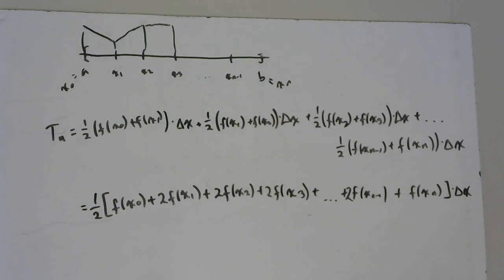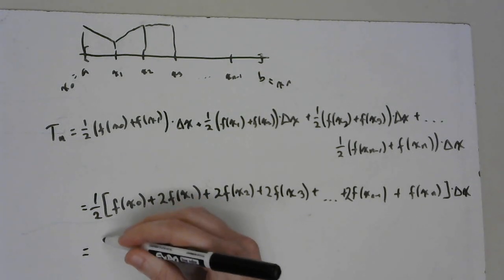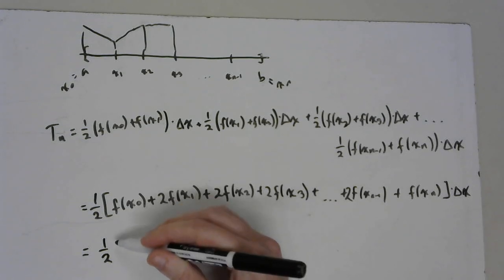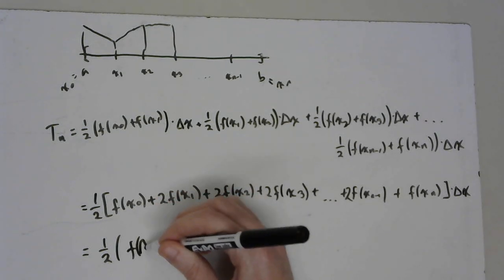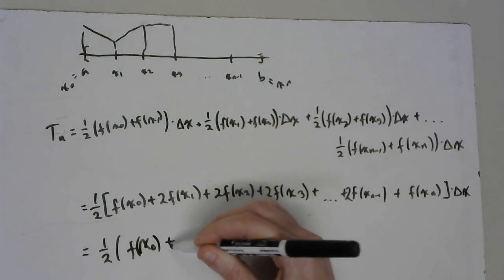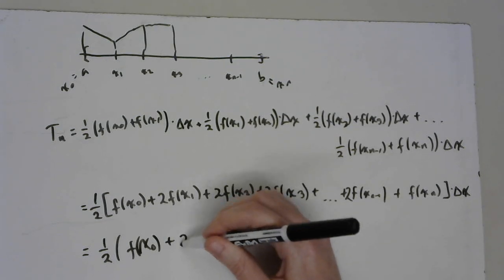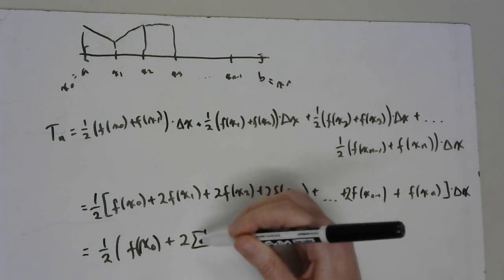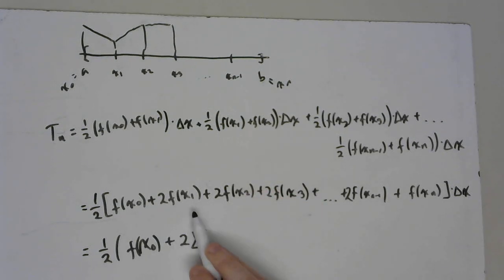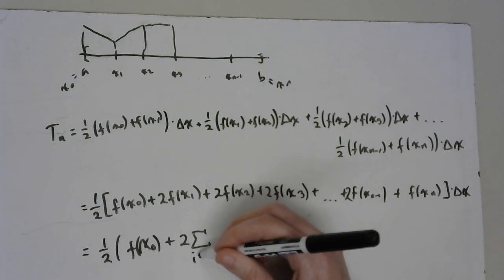So this is what my sum looks like. I guess if I want to use sigma notation, I could say we've got 1/2 times, f of x sub 0 is on its own. We've got two copies of all the rest of the stuff, so we would have 2 times the sum. And it looks like we're starting at f of x sub 1, so i equals 1.